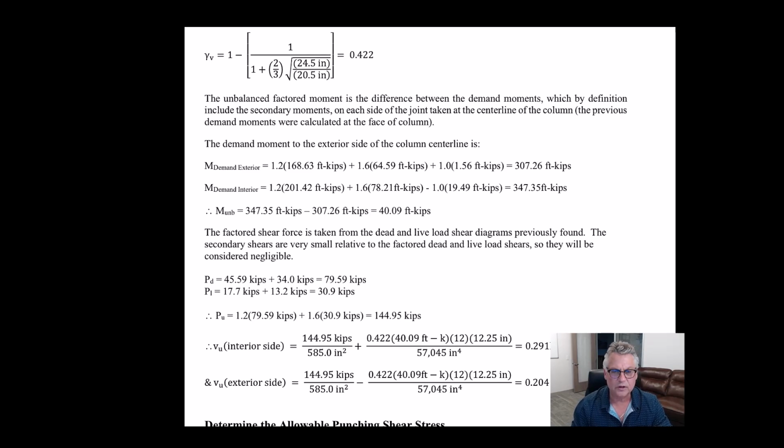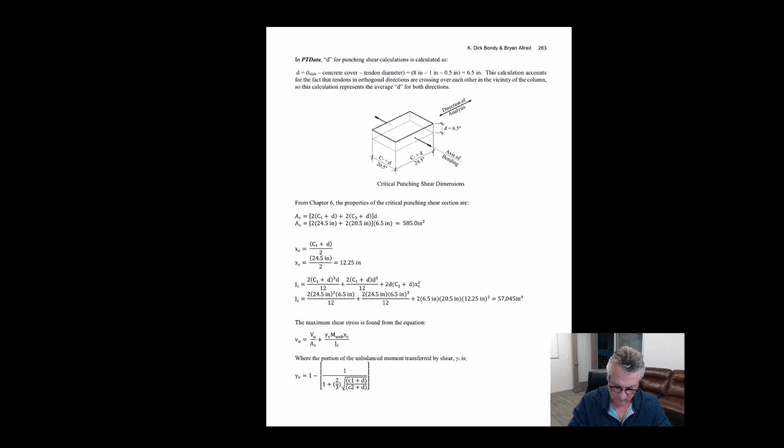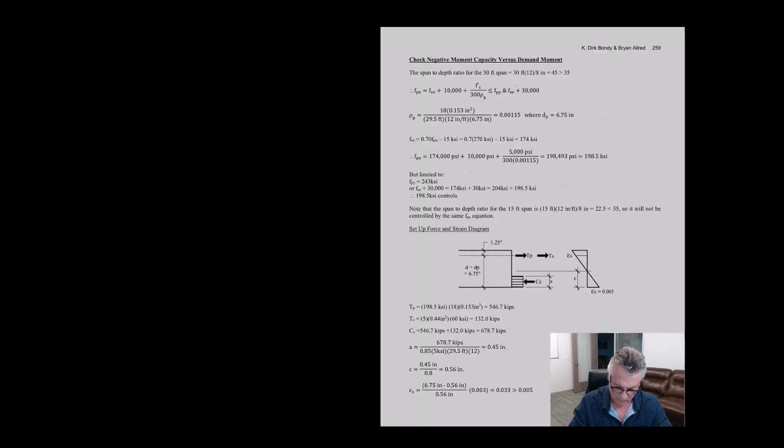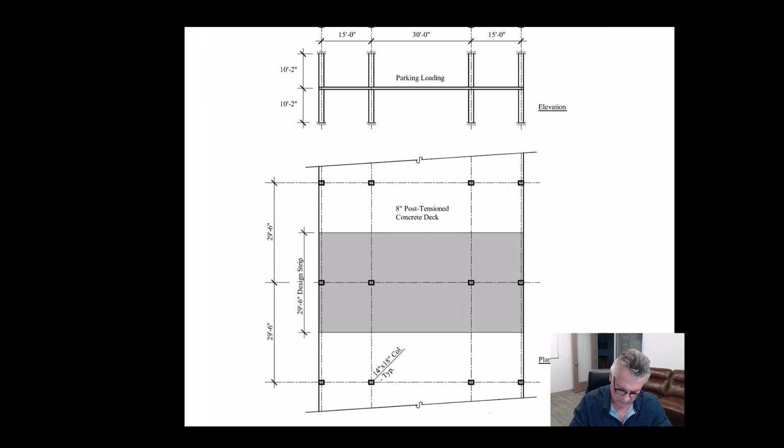So the unbalanced moment, how do we calculate that? There is a demand moment on the exterior side of the column. So we did a moment distribution. We had a moment on this side of the center line, and we had a moment on this side of the center line.